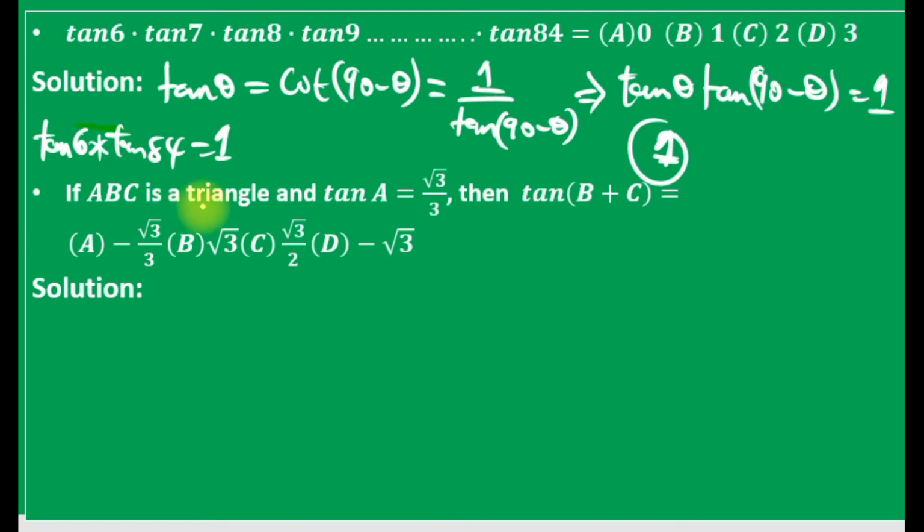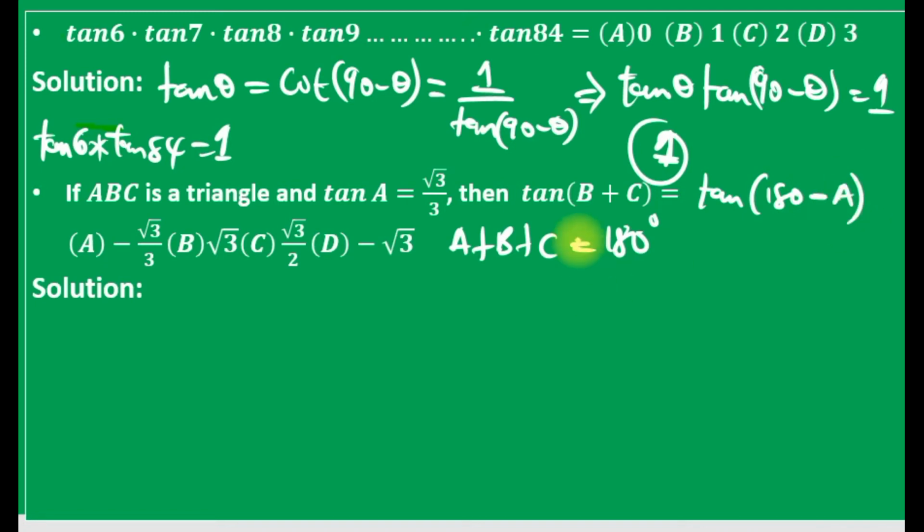If ABC is a triangle and tan A is this, then we are asked to find tan B plus C. You know this is a triangle, so if you add angle A plus angle B plus angle C, it must give us 180. So from here, tan B plus C is the same thing as tan 180 minus A. Yes, because it's a triangle, the sum of the interior angles is 180.